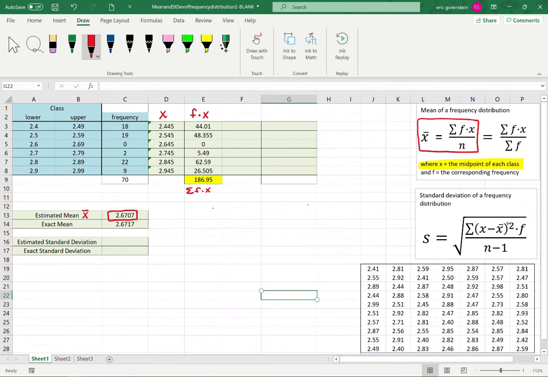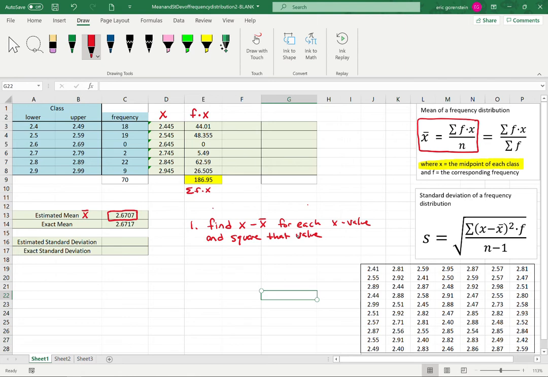In this formula, if you look at the numerator of the fraction, we're first going to have to find x minus the mean for each x value. That's x minus x bar. And we're going to have to square that value, so x minus x bar quantity squared.